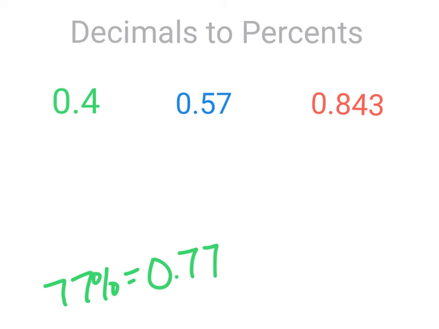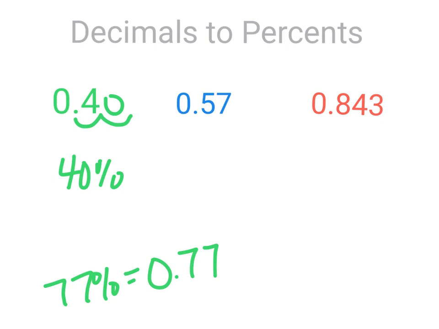So if we do the same thing here with 0.4, let's say we move our decimal point 2 to the right. Remember, we have to do it opposite because we're changing it from a decimal to a percent instead of a percent to a decimal. We get 40%, because as you know, when you skip over this decimal place right here, it still exists. We just need a placeholder number, so we would need a 0 right there. Okay, so 0.4 would be 40%, because it would be like 40 hundredths.